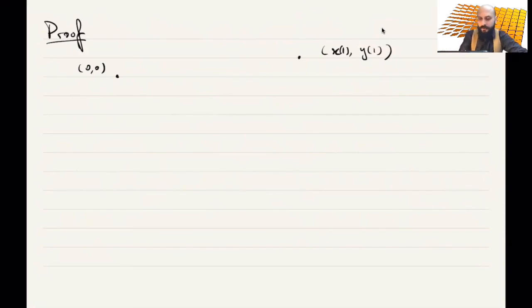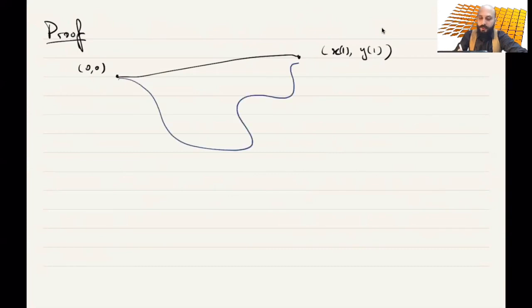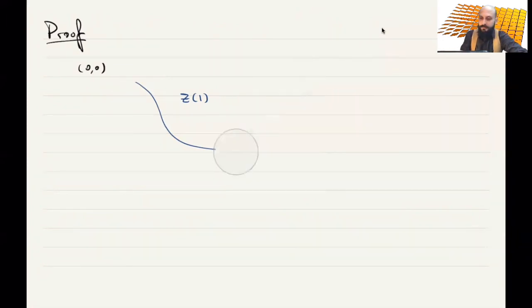First of all, let's consider the straight segment between these two points. And now what we want is that the curve here is going to enclose area z1. So now let's do like this. Let's consider first the arc of the circle. Let me draw the picture again.